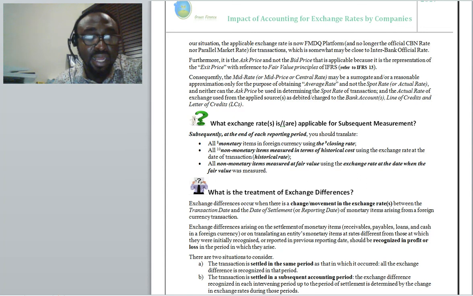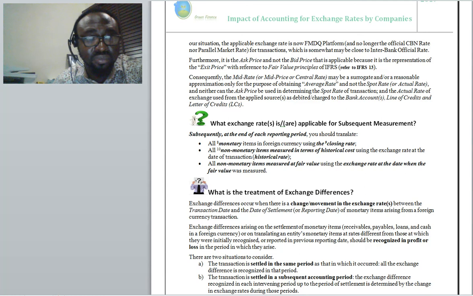Subsequently, at every reporting date, which can be an intervening period between the transaction date and the settlement date, the following should be taken into consideration. All monetary items in foreign currencies are to be translated using closing rates. Closing rate represents the exchange rate as at the reporting date.